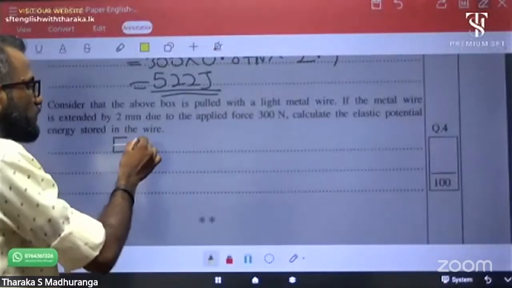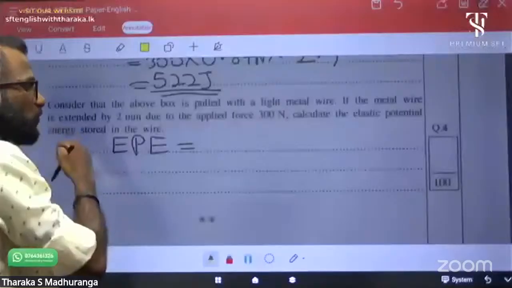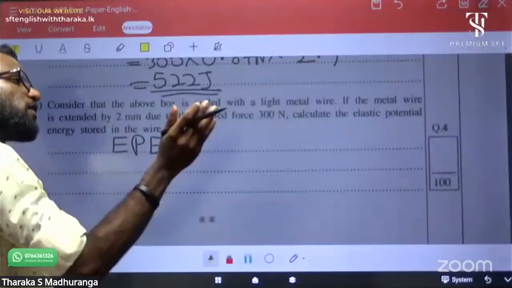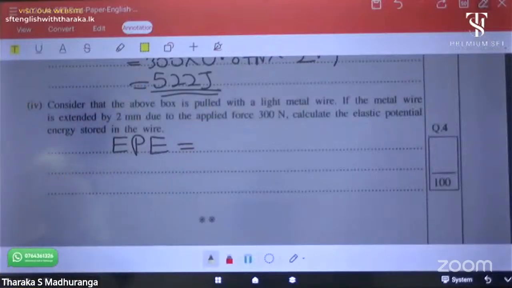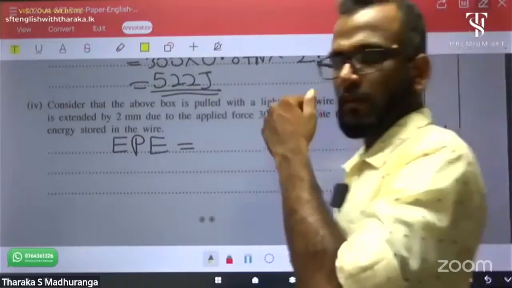We have two equations, half Fe and half ke squared.